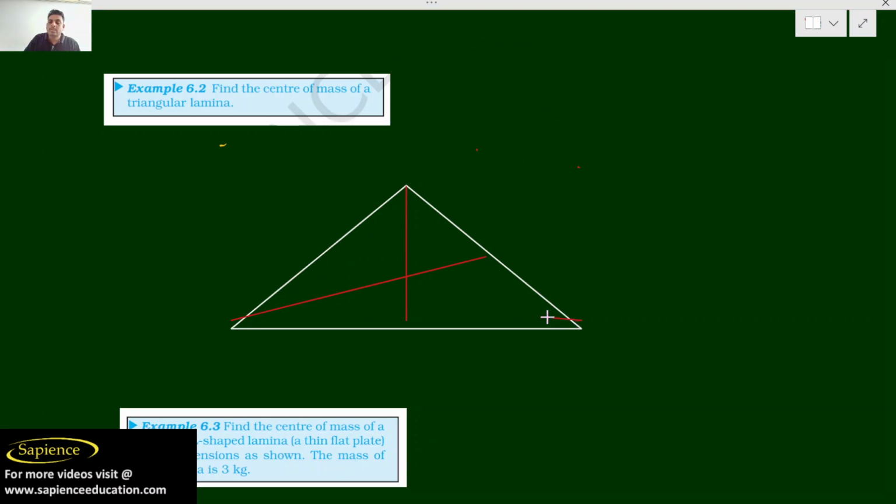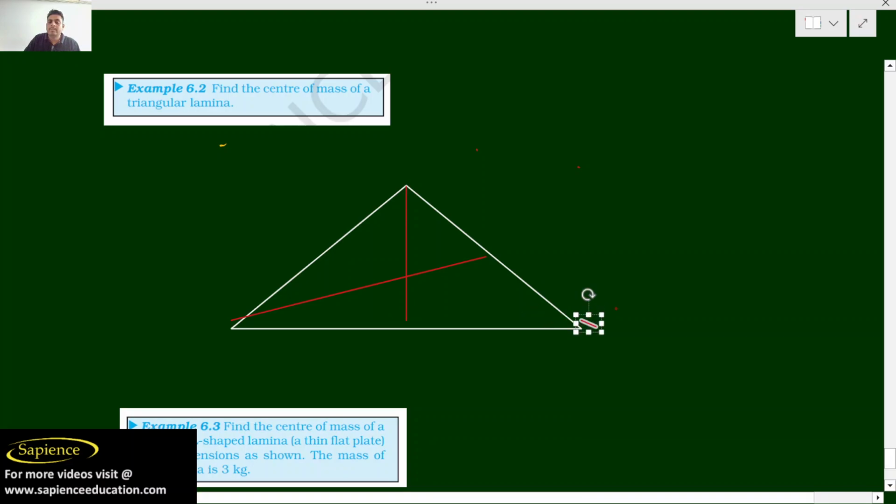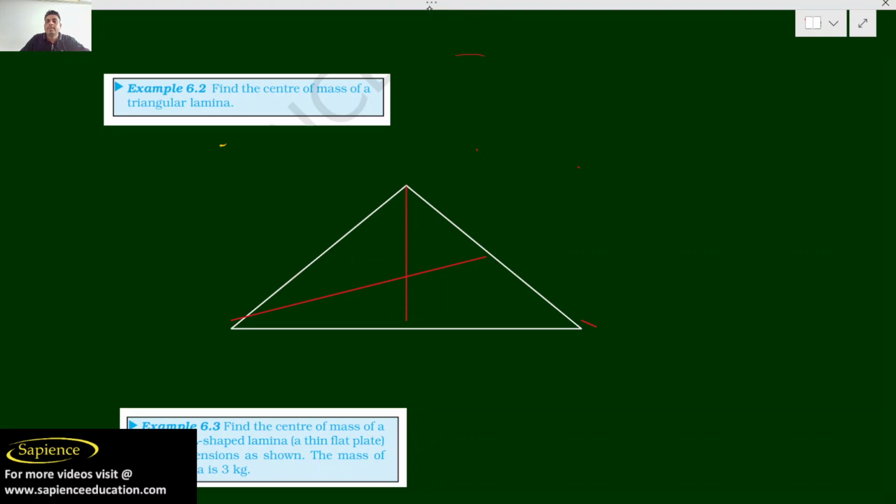You need to draw medians, from each vertex. You need to draw a median in the triangle.